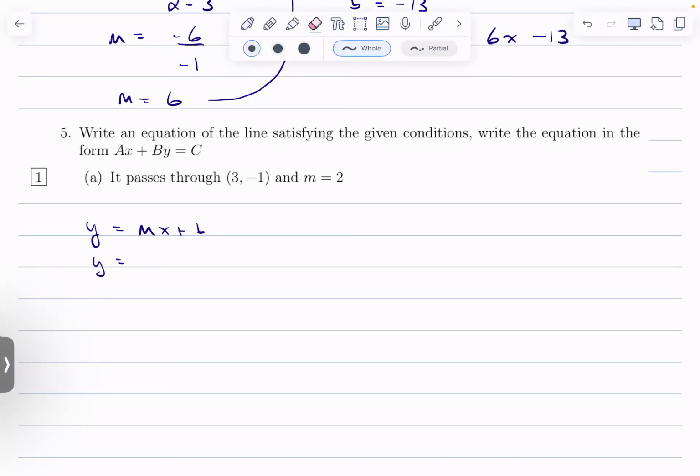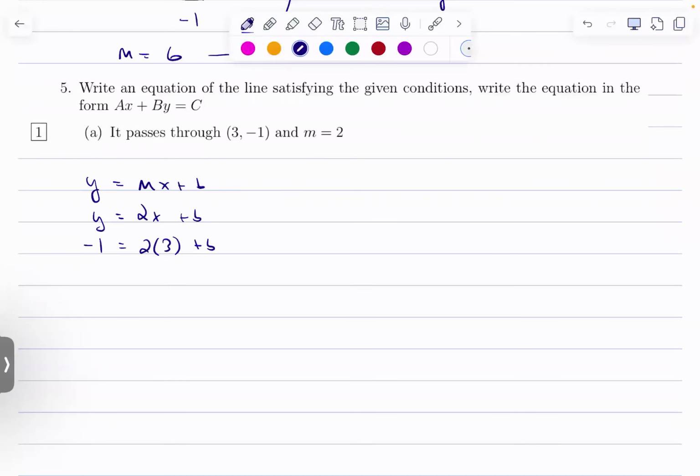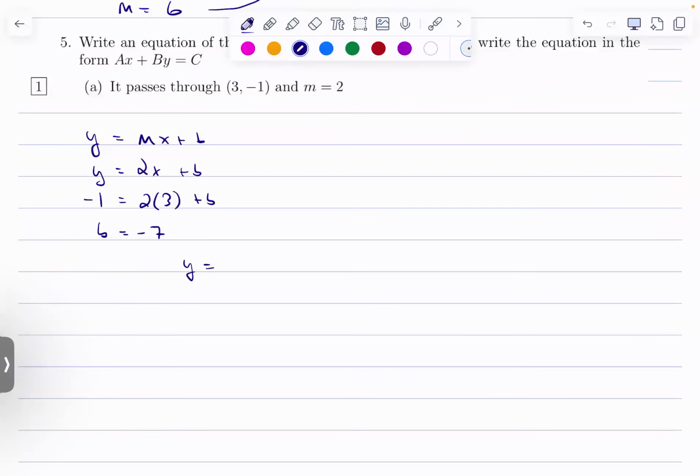So 2x plus b. And then I plug in my point, which is when y is -1, x is 3. So -1 equals 2 times 3 plus b. -1 minus 6 means that b is -7. Which means that y equals 2x minus 7.